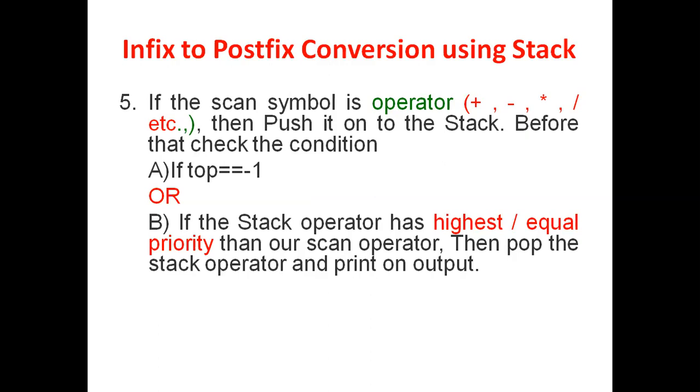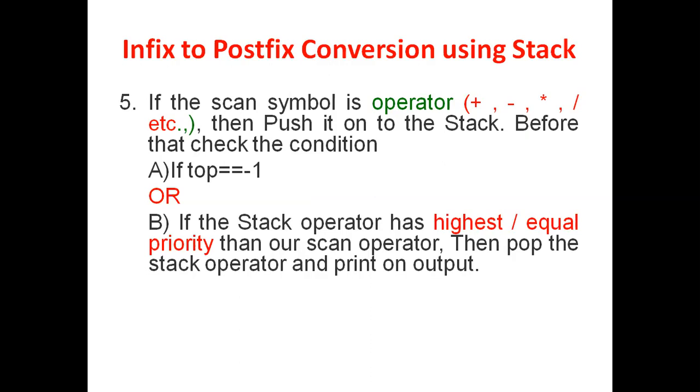So the first condition is that if the stack is initially empty, then top is equal to -1, and at that time we can push our operator into the stack. Otherwise, the stack contains operators and we are reading our expression from left to right.